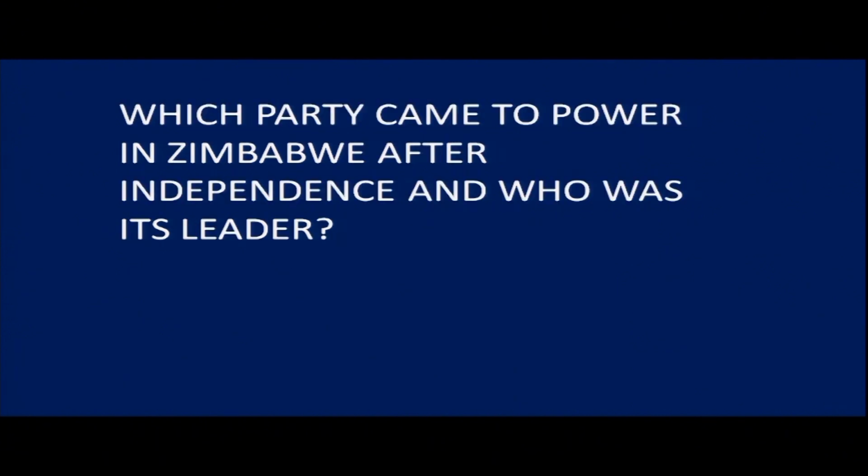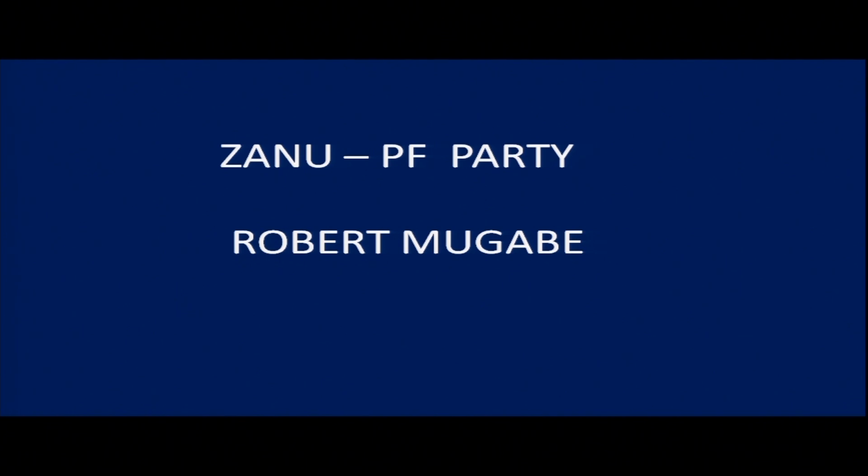China has a single party system and the Communist Party of China is in power. The next question is, which party came to power in Zimbabwe after independence and who was its leader? The ZANU-PF party came to power and it was led by Robert Mugabe.